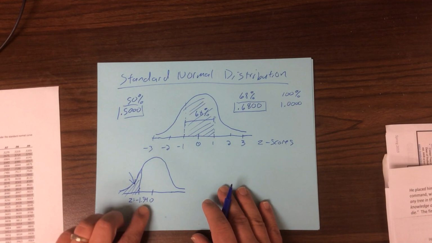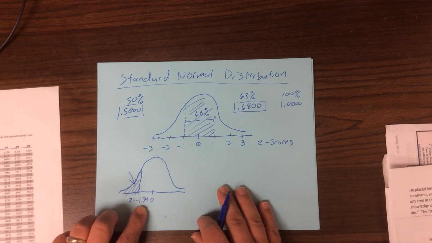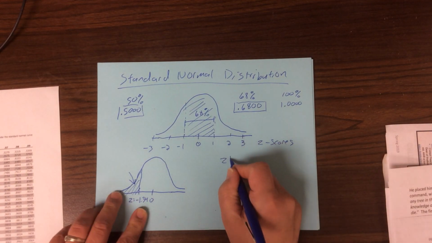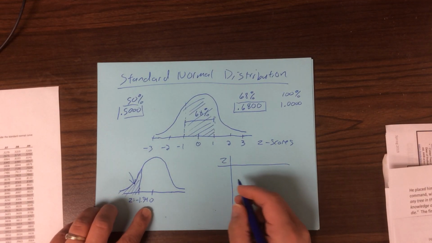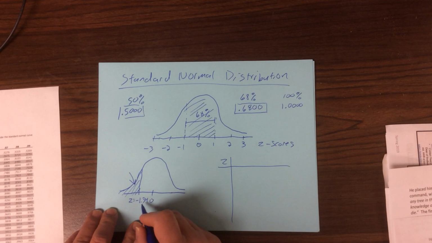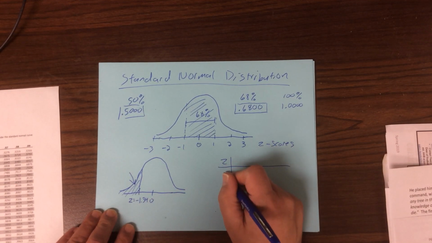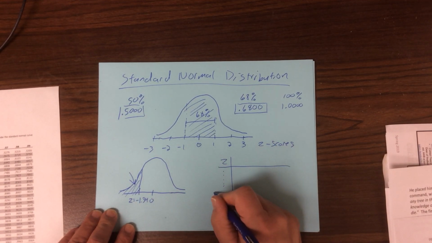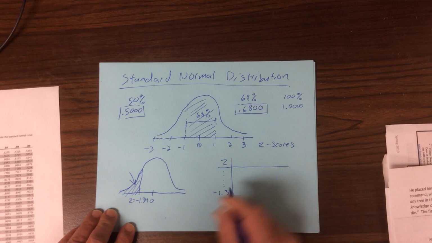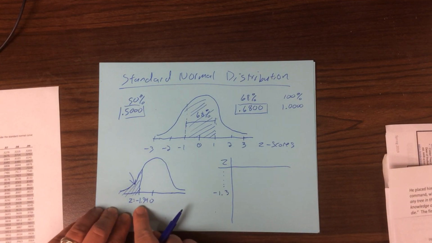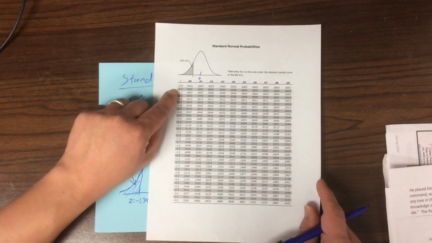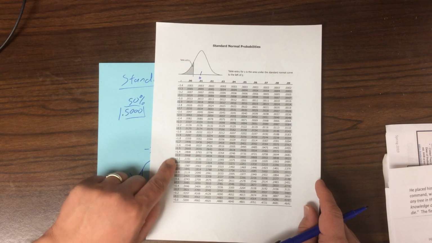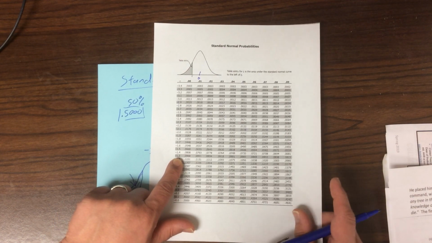So how do I look up this z-score here? Okay, let me give you kind of an example of the table here. You're going to look up negative 1.34 by doing this. You're going to look up on this column here, negative 1.3. Okay, so the ones place and the tenths place, you look up in this column. So in other words, in this first column, I look up negative 1.3.